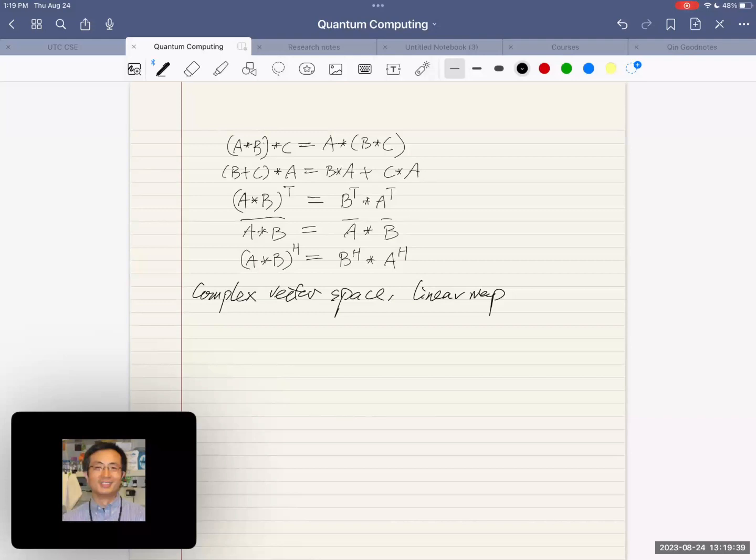And with that, the book now talks about the basis of the vector space, basis and dimensions.